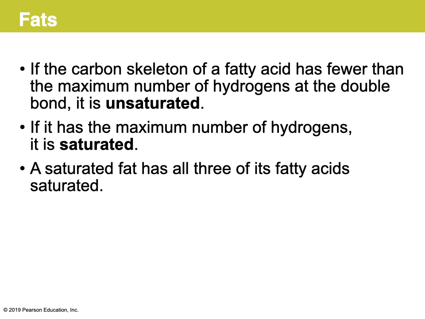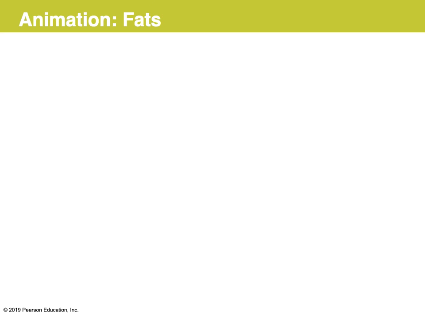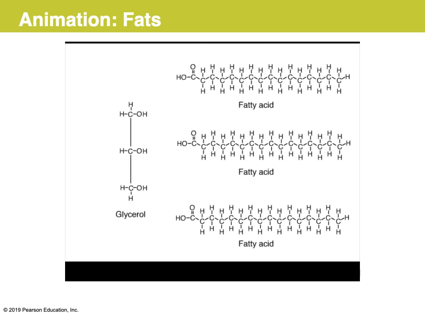You might say, well, what does that mean for anything? Well, go back to this illustration here. Oh, sorry, that's going to butter, lard. Sorry, apologies. If you look at these 3 tails, all right, the 3 tails in this illustration are saturated. You notice that they're nice and straight.